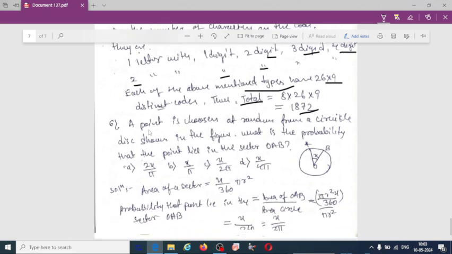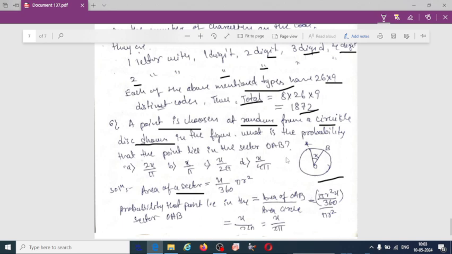Next question. A point is chosen at random from a circular disc shown in the figure. What is the probability that the point lies in the sector OAB? So options have been given.